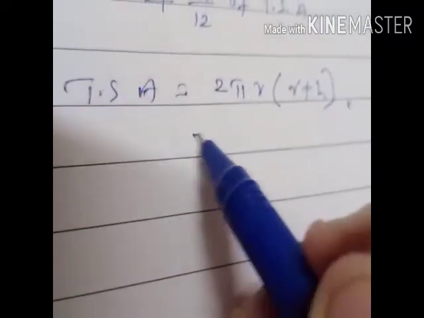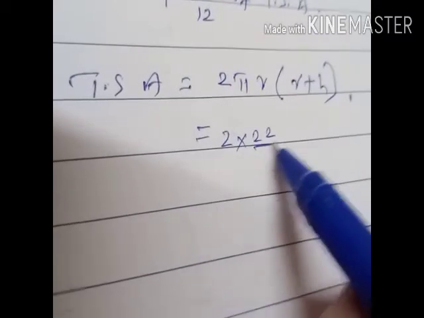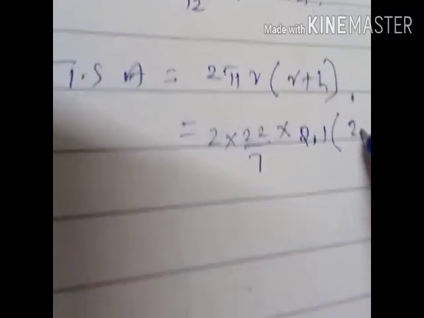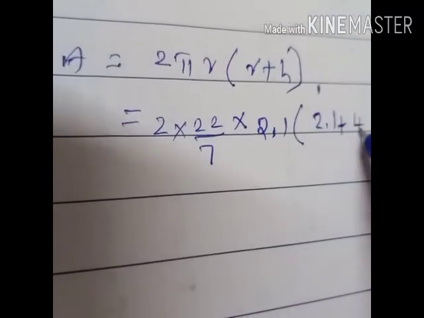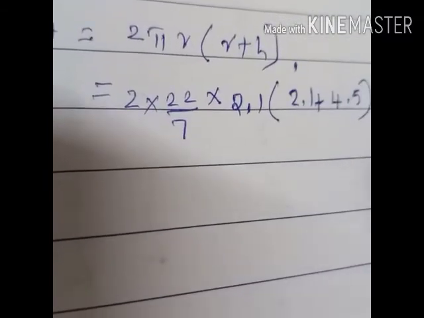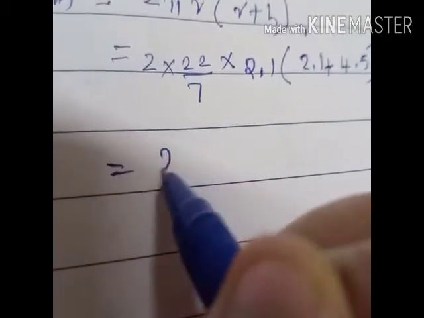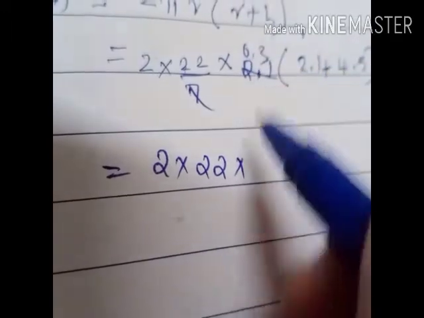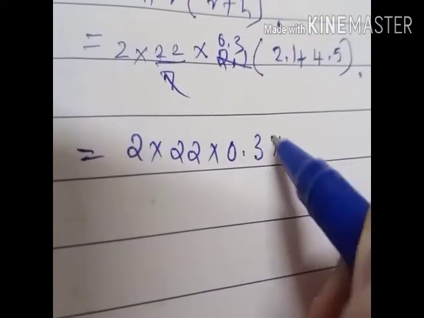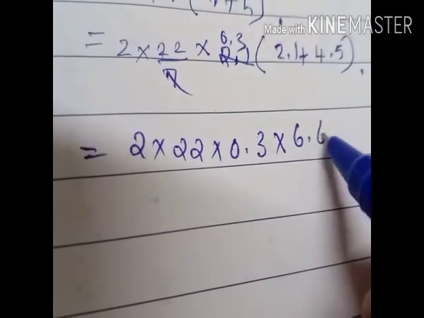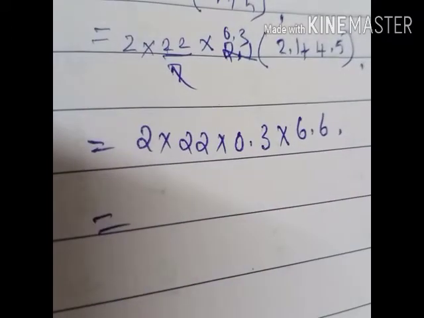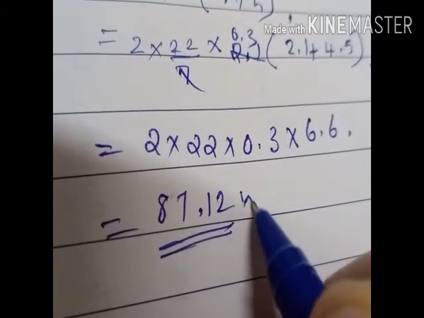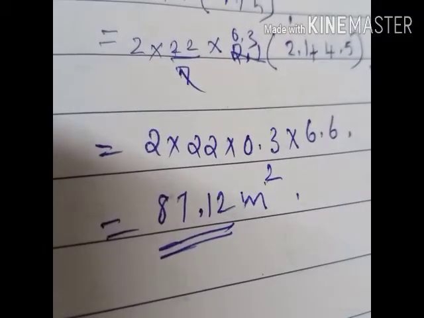Anyway, we can write that as 2 into 22 by 7 into 2.1 into 2.1 plus 4.5. So that is equal to 2 into 22 into 0.3 into 6.6, which is equal to 87.12 meter square. This is the TSA.